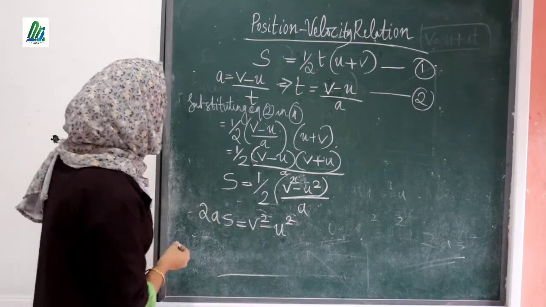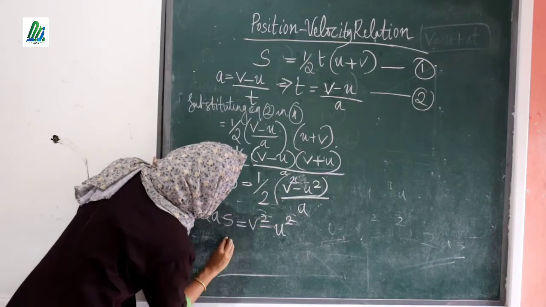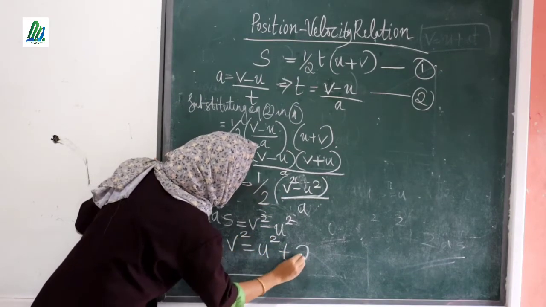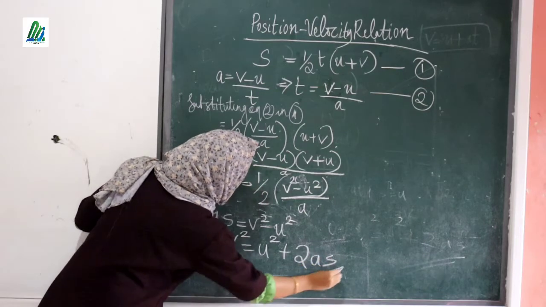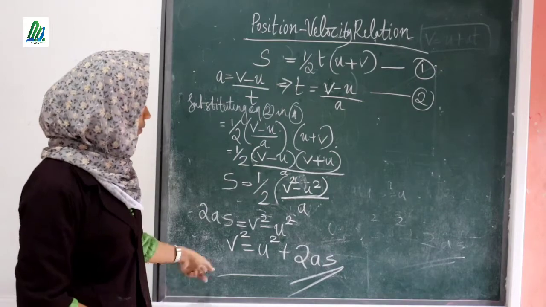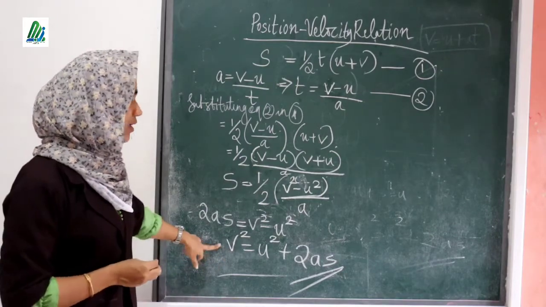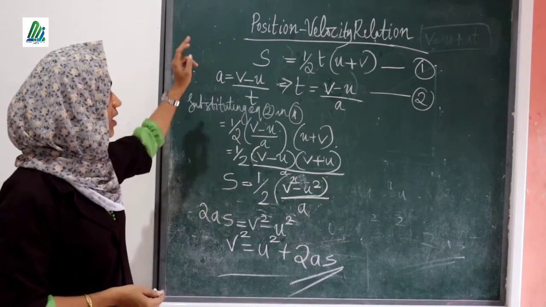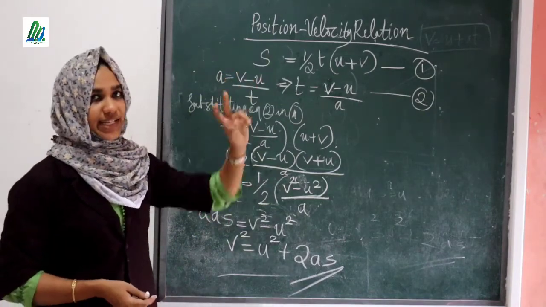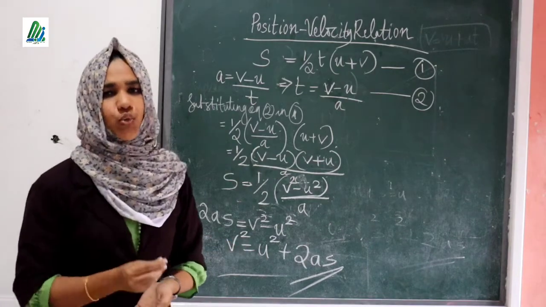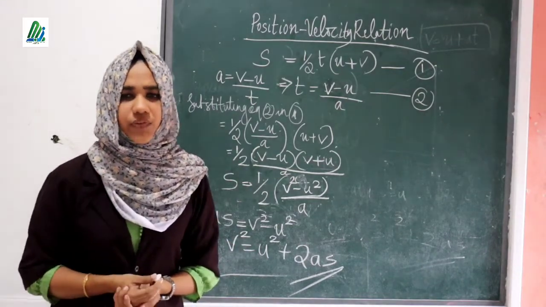Then rearranging, v square is equal to u square plus 2as. This is the third equation of motion, also known as the position velocity relation.